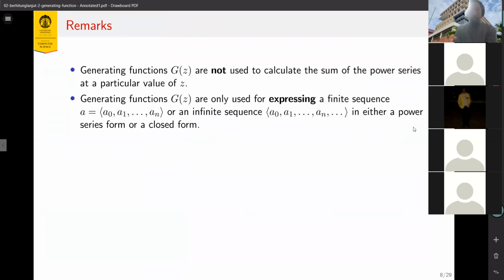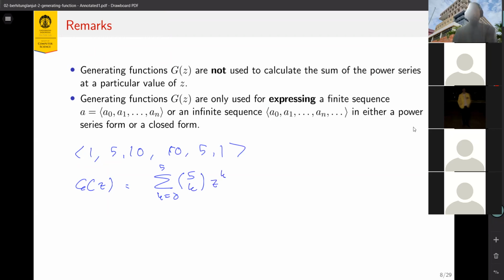if I have this series, then the generating function is, of course, the sum of k from 0 to 5 of 5 choose k z to the power of k, which is of course 1 plus 5z plus 10z squared plus 10z cubed plus 5z to the 4 plus z to the 5.